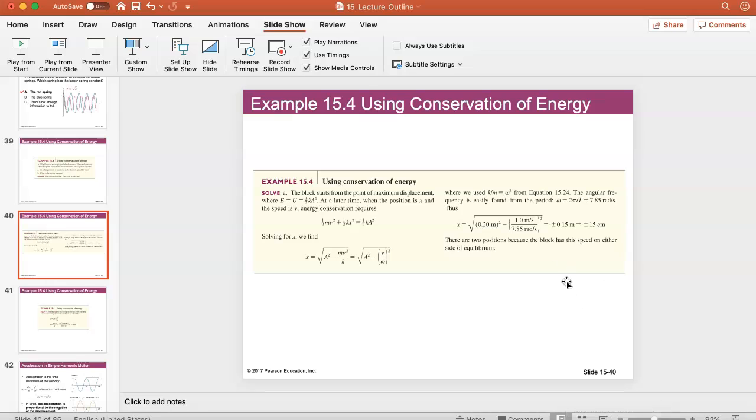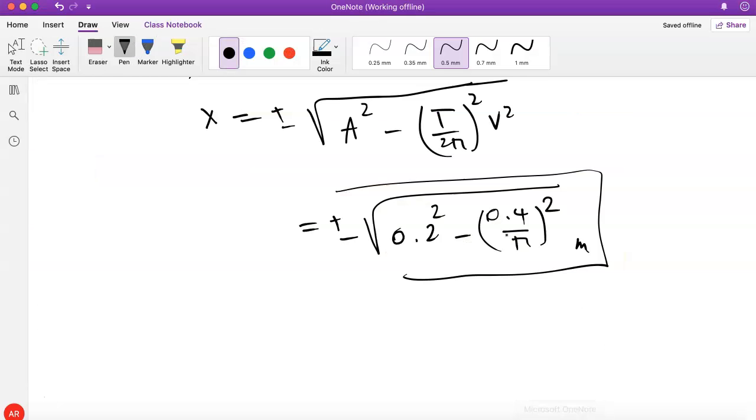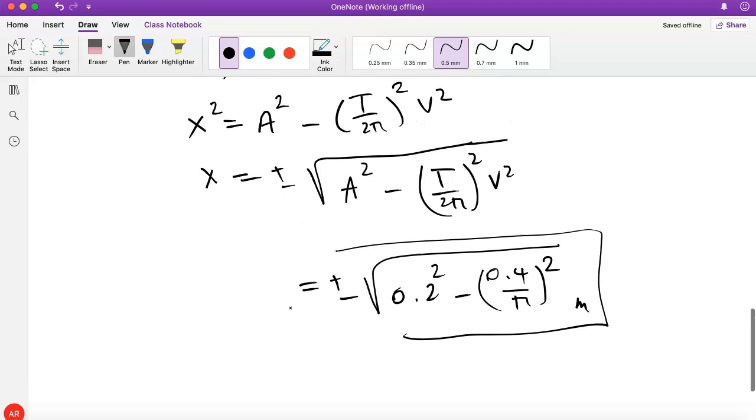And pi divided by 0.4 is like 31.4 divided by 4, which is 7 point something. Sounds about right. Okay, so we found the positions where that speed appears.